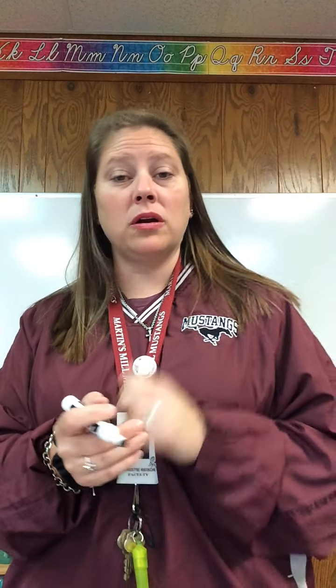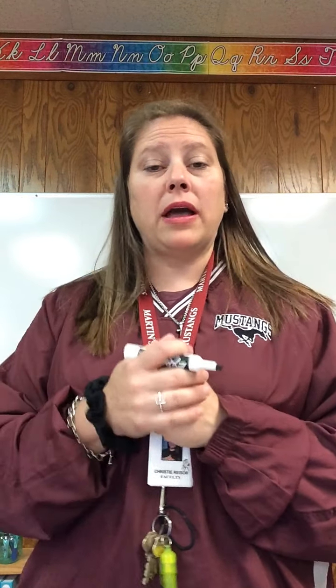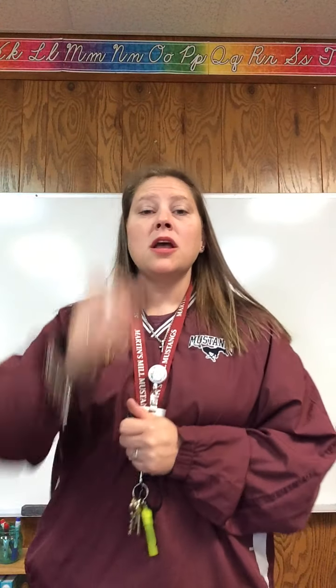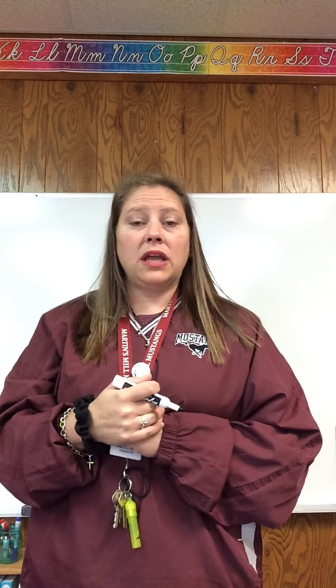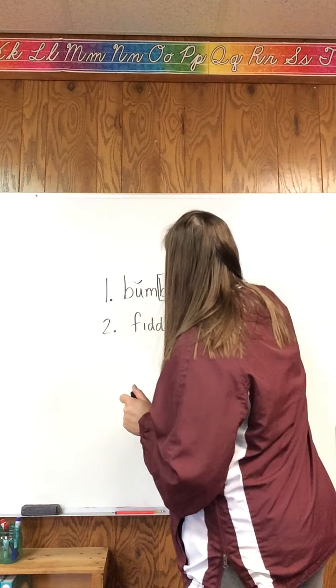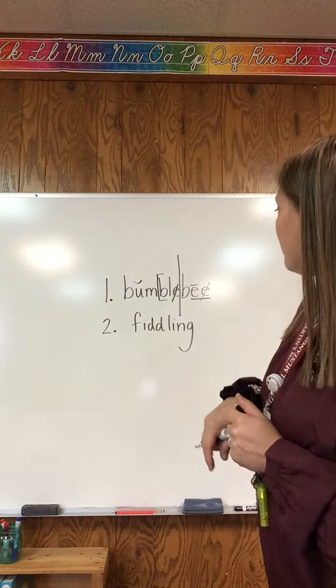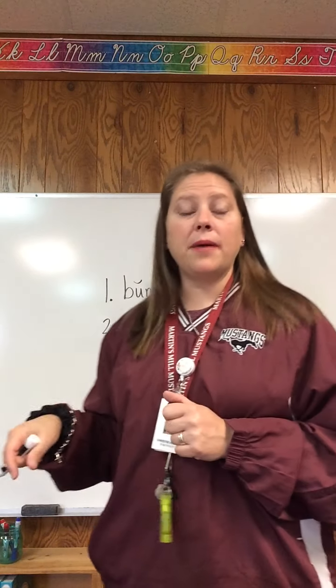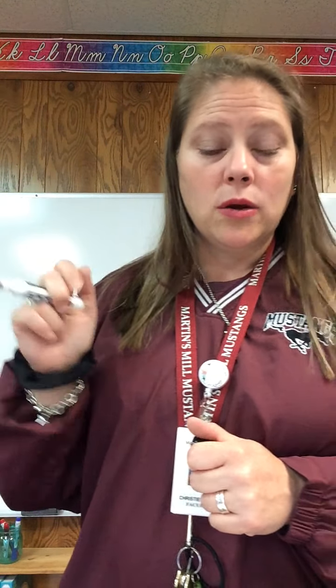Remember, compound means two or more, so a compound word has two or more words in it. You're going to split the word in between the two words. Bumble is one word, bee is the other. So there you have bumblebee, which indeed is a compound word.